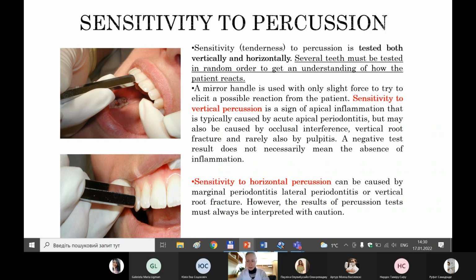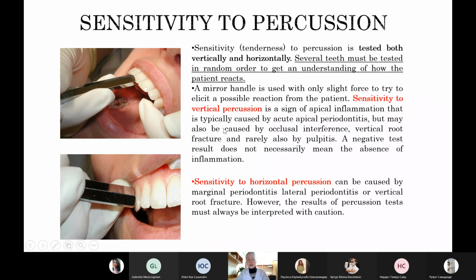Sensitivity to horizontal percussion can be caused by marginal periodontitis, lateral periodontitis, or vertical root fracture. However, the results of percussion tests must always be interpreted with caution. So I will summarize about percussion.